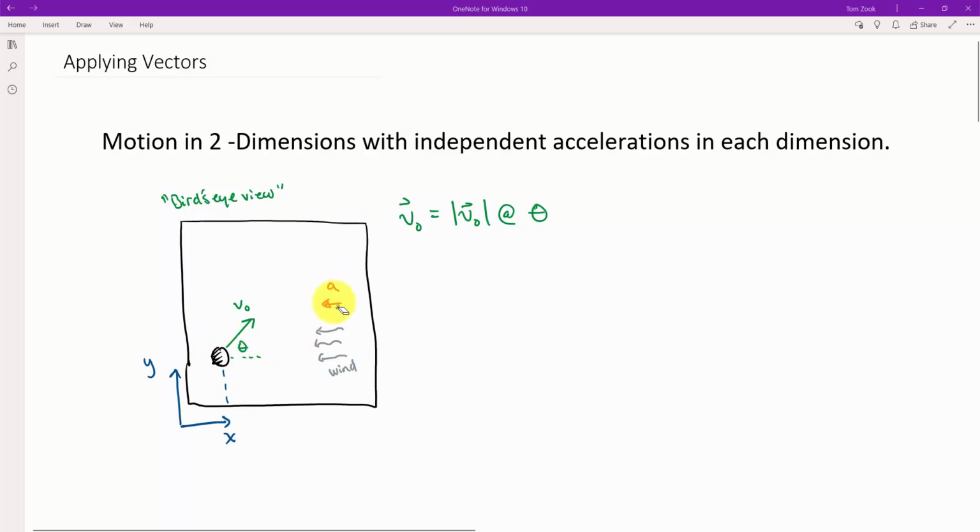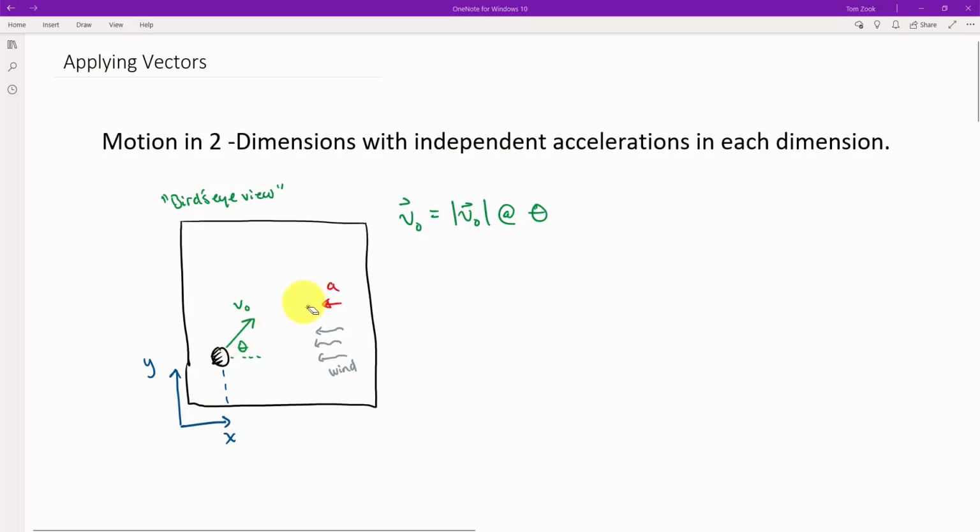Because if there was no acceleration from this wind right here, the ball, of course looks like a ball, would just continue rolling along that direction that the VO is pointed, and it would continue that way until something hit it or sped it up, slowed it down, fell off the tabletop, whatever it happens to be. It would just keep going that direction. So we could just call that the x direction. We can rotate our coordinate system. We don't have to have it up, down, left, right on our paper.